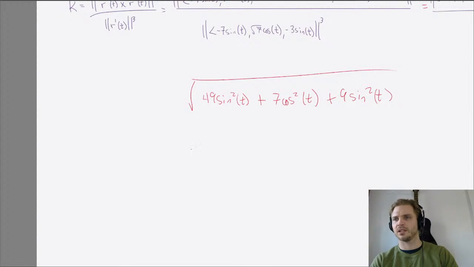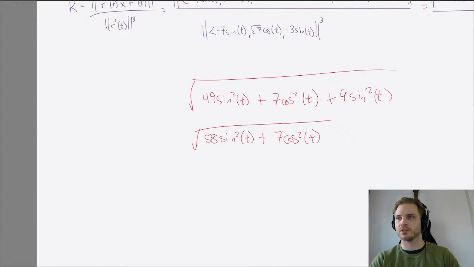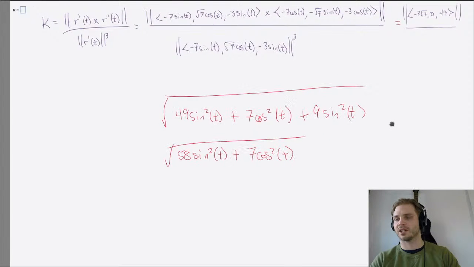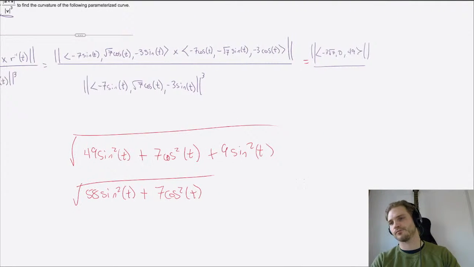Rather than do that yet, I'm going to just add these for now, because something might shake out whenever I cube it, or something might cancel, who knows. So I'm going to make this 58 sine squared t plus 7 cosine squared of t. I was just hoping that it would be a perfect square so that it would make this a lot easier. Okay, so that's the magnitude of that, and so I got to cube that. It's going to be nasty.